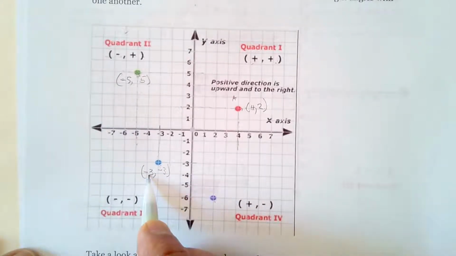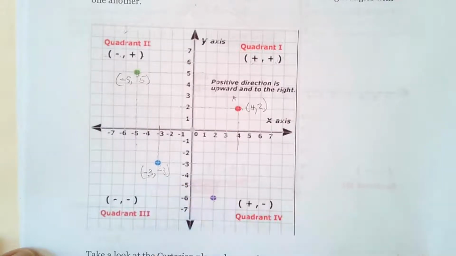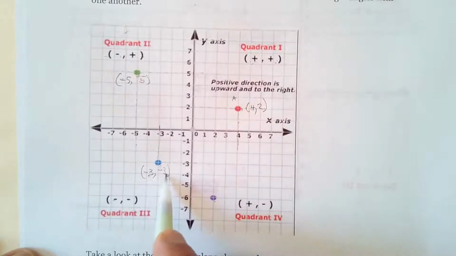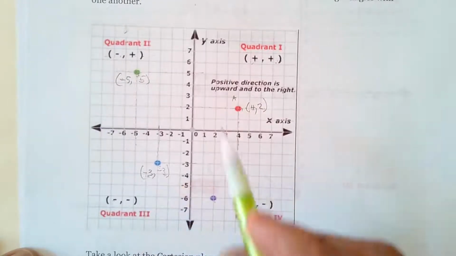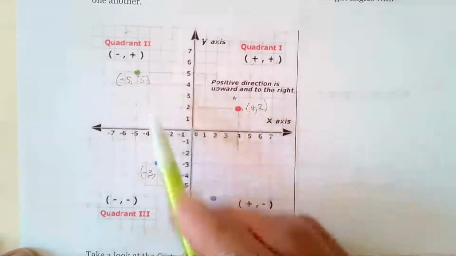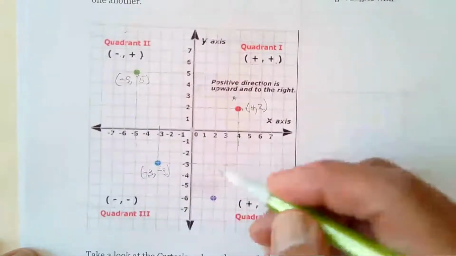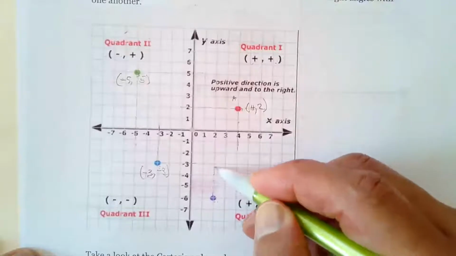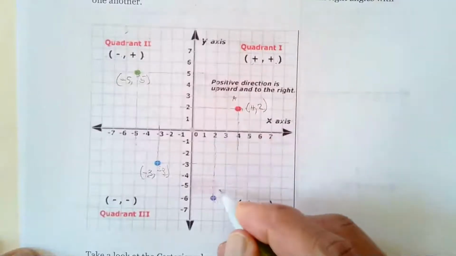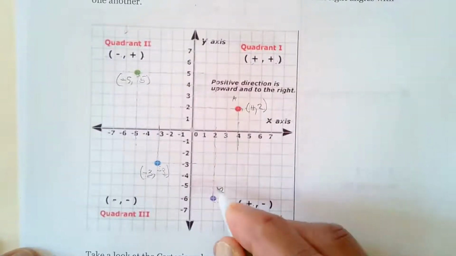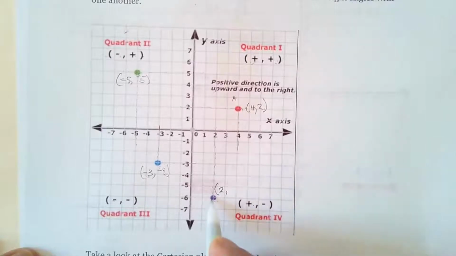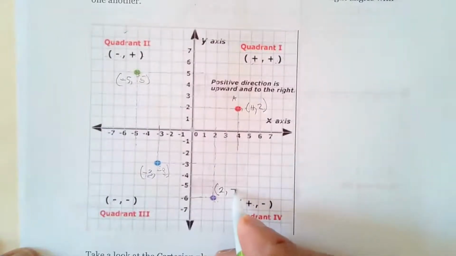So x is negative, y is negative. -3, -3 for our ordered pair. So we have these 3 ordered pairs. We have 1 more to go. So we go straight up. We have 2. Now it should be positive, which it is. And then go to my left, -6.